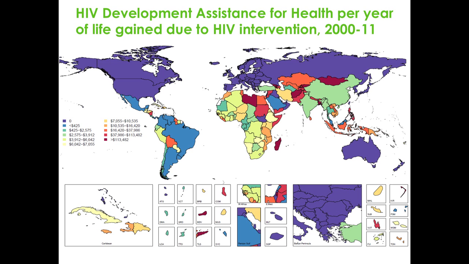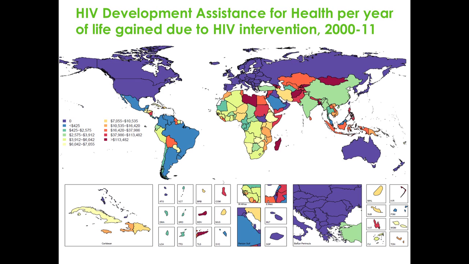Now, an interesting exercise here is to relate spend, here only the spend by the donors. So this is development assistance for health for HIV/AIDS, accumulated over the period 2000 to 2011, divided by how many extra years have been lived. And this is essentially an expenditure per year lived. It's very low in a place like Brazil because most of the money being spent there is their own money, which is not being counted in the numerator.